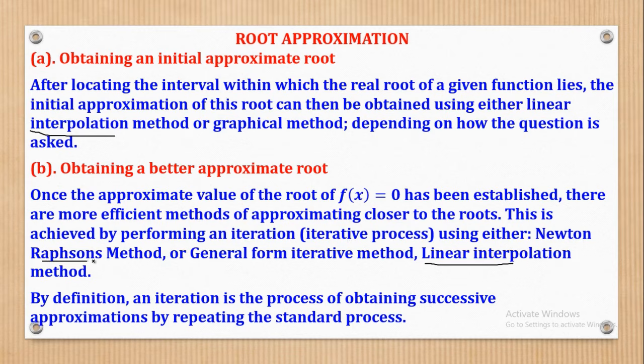The Newton-Raphson method is used only to get a better approximation of the root, and the general form iterative method can also be used only to get a better approximation of the root. I believe that in this part, what you already know is linear interpolation, because you have heard of it, but the Newton-Raphson method you have not yet heard of, and also the general iterative method, and also the word iteration. So that is what we are going to concentrate on.